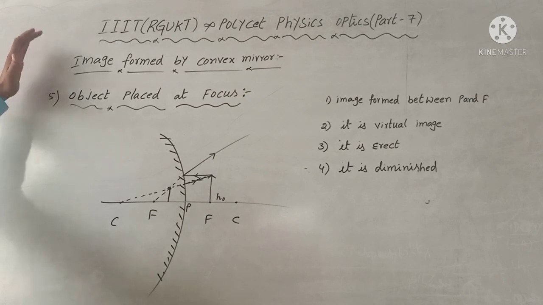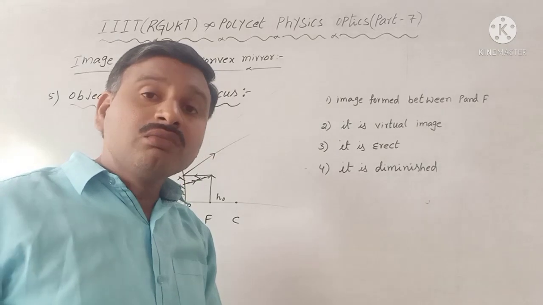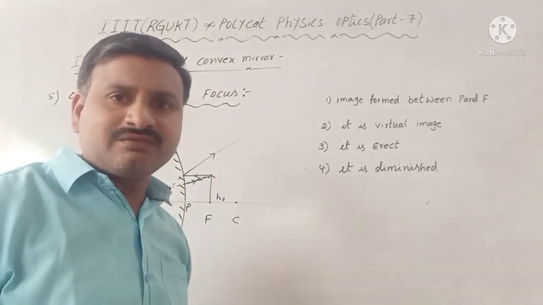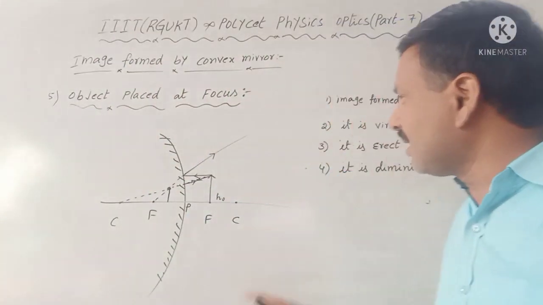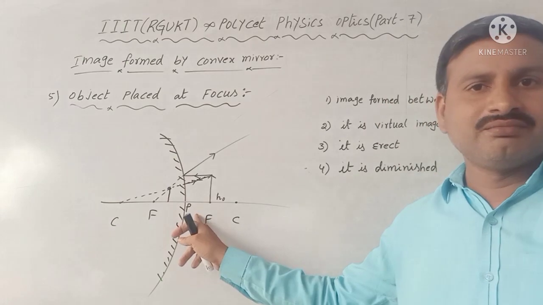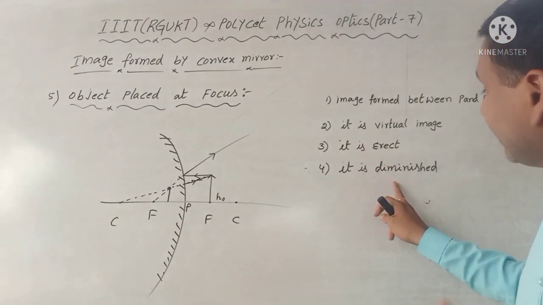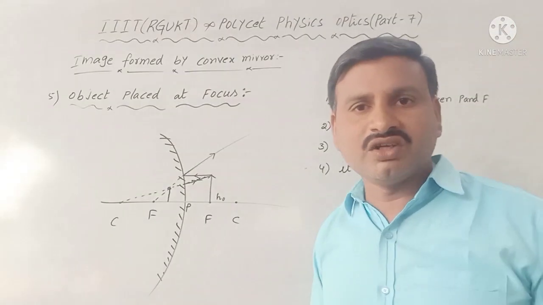That means object placed from infinity distance to focus, wherever you put the object, image is always formed between P and F. It is virtual and erect, and it is always a diminished image. Okay, you understand?